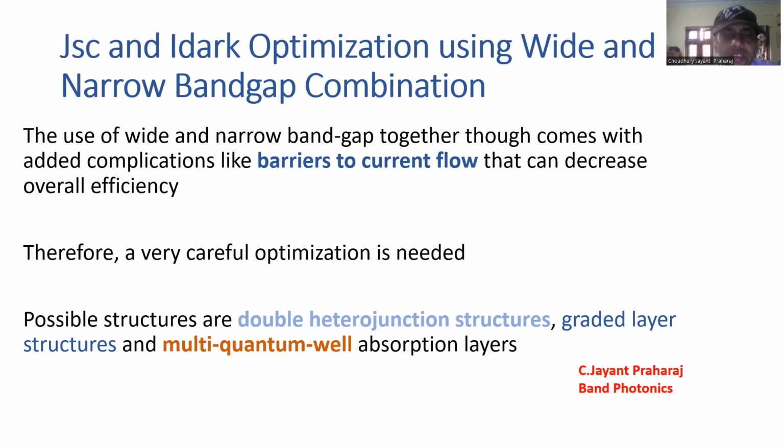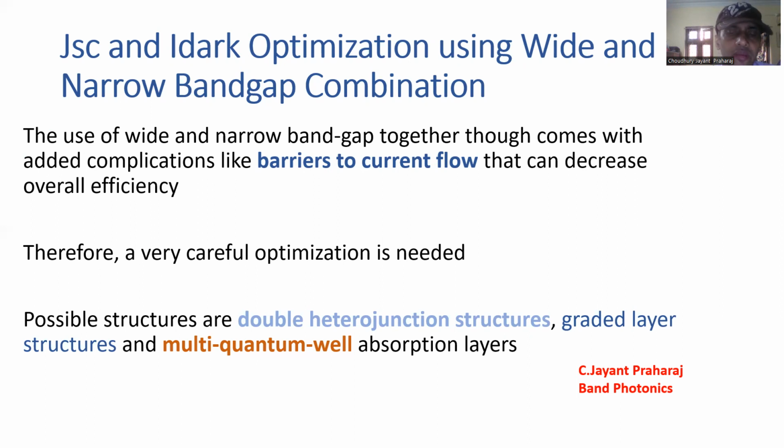The double heterojunction structure is basically the kind of abrupt junction that I mentioned previously. As I said, that has some complications due to current flow barriers, and we need to optimize those if we are using a simple double heterojunction structure. The thing to keep in mind is that while one kind of device structure may be much better from the device characteristics perspective, the fabrication or the epitaxial growth of the layers needed to make this device can become more complicated.